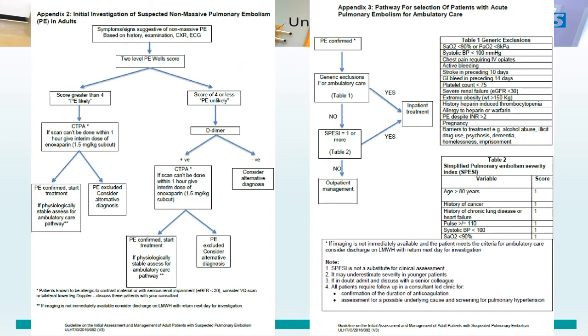By following that chart, we can see which patients can be discharged home and followed up by the SDEC. So we will follow that algorithm here. You need to apply all these exclusion criteria first, because if the patient has any one of these, this doesn't fit for them. Then you need to apply the pulmonary embolism severity index, which is here.